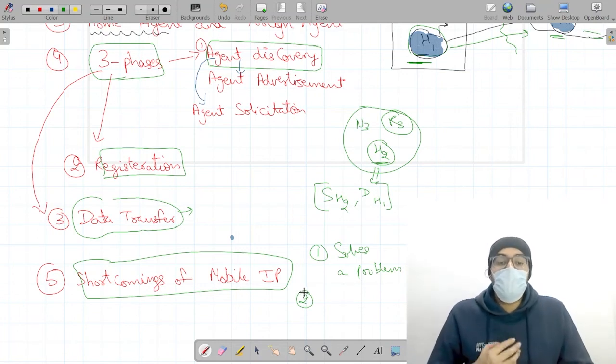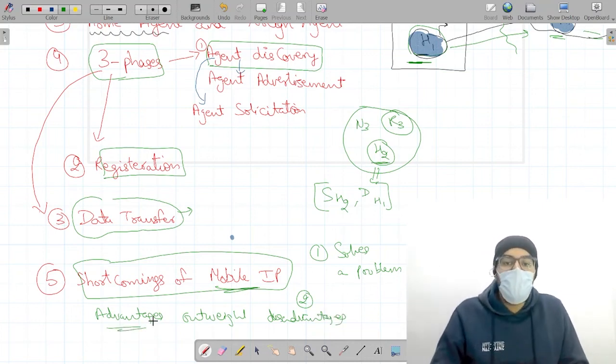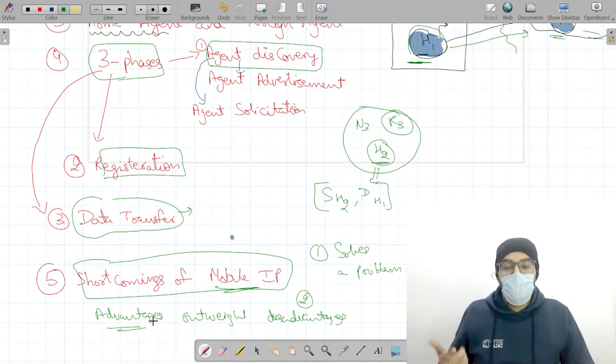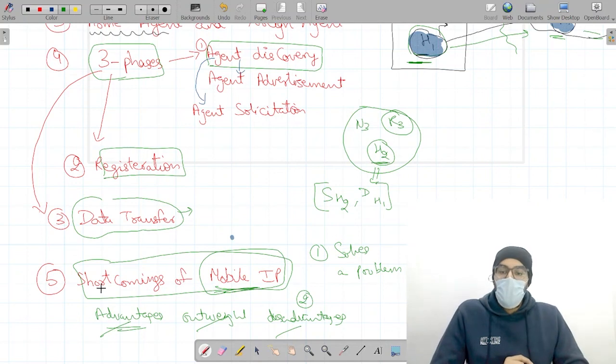The reason for us using mobile IP is that its advantages outweigh its disadvantages. Any technology we are using these days is used because the advantages of using it have outweighed the disadvantages. Because of this, we are using mobile IP. We'll talk about the shortcomings of mobile IP in later videos.